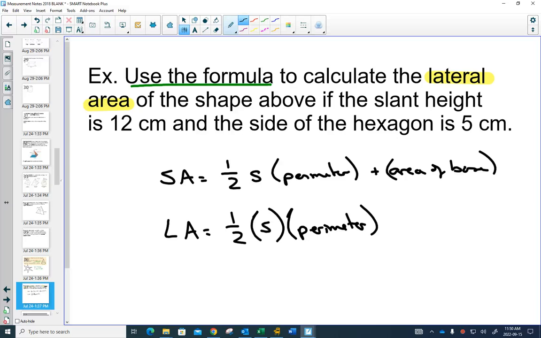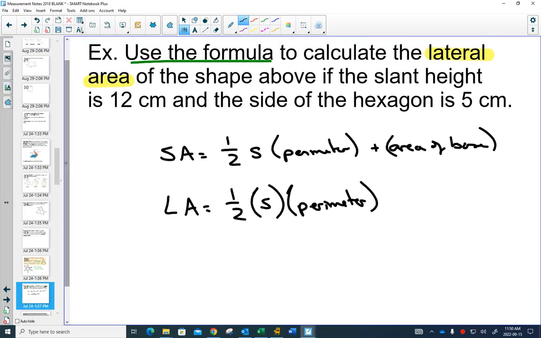So basically, can you see, given the information here, if you looked at one of the triangles of the side of this pyramid, would you agree that one of the triangles looks like this? It has a base of 5 and a slant height of 12, so the height of that triangle would be 12?